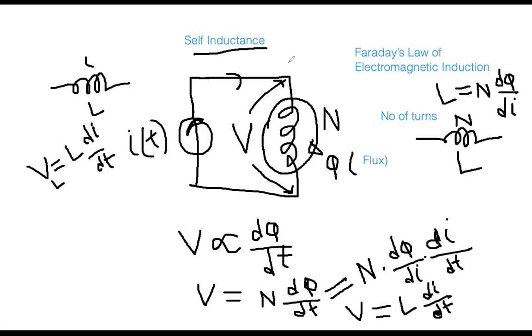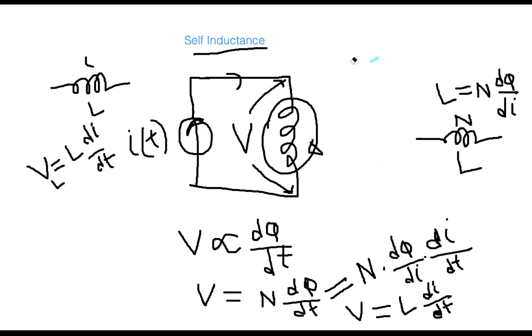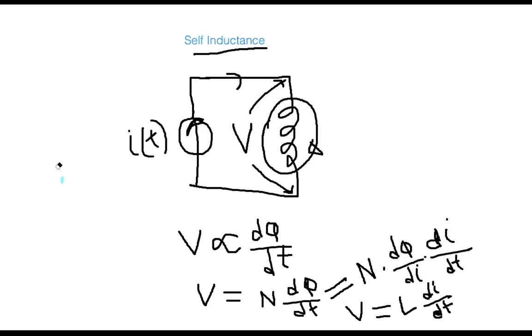Now, today we are looking at magnetically coupled circuits. So here I have only one coil. If I have one more coil just nearby it, then what will happen? Let's have a look at that. Let me erase all of these things first.